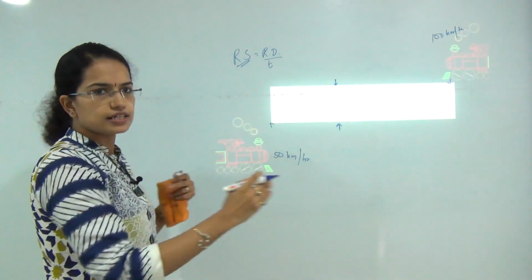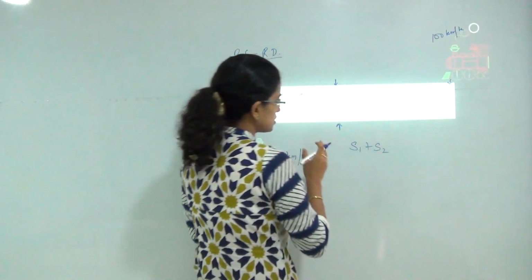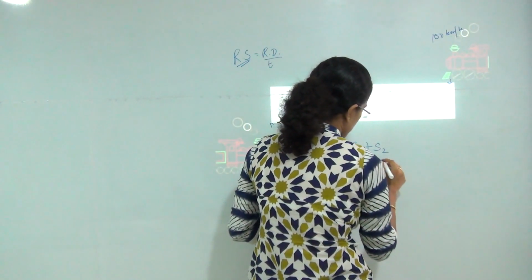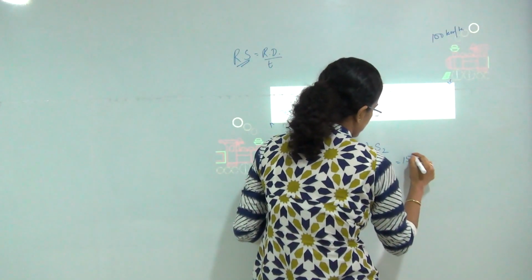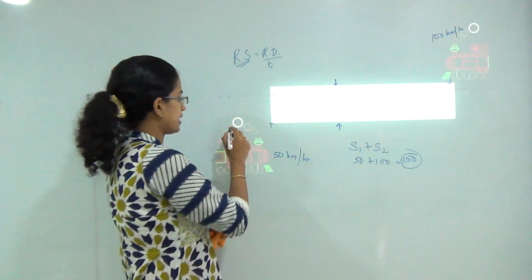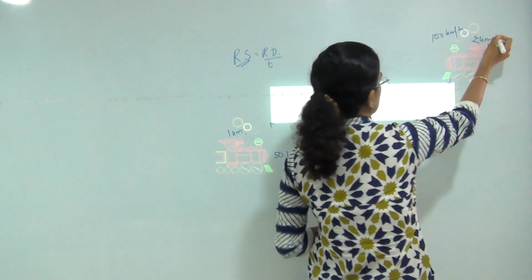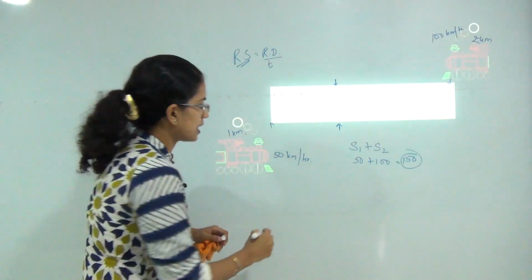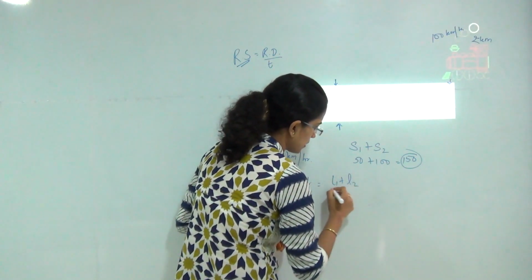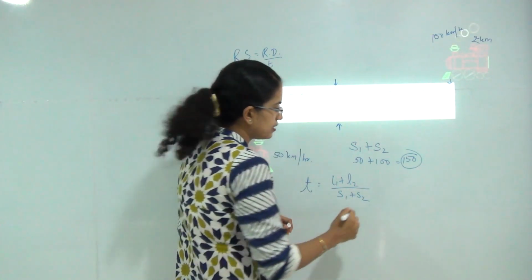So the relative speed would be S1 plus S2 in this case, that is 50 plus 100, that would be 150. So the relative speed here would be 150, and again say this is 1 kilometer long and this is 2 kilometers long, the same as the prior case. The time taken to cross would be L1 plus L2, that's the total distance, divided by the relative speed.